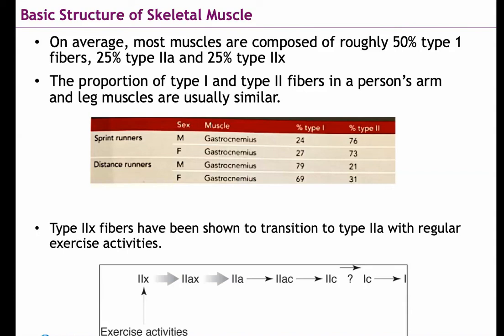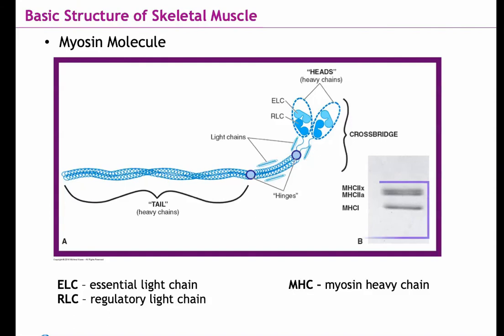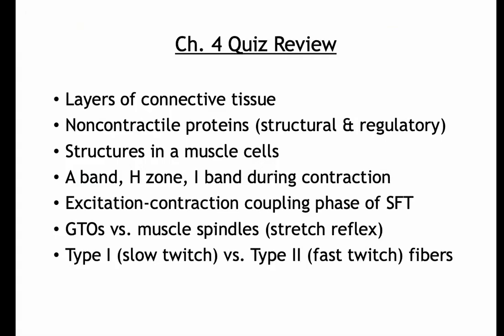Well, not exactly. You just lose your ability to continue that force production, the prolonged force production or prolonged speed. So we see a transition back to this fiber here. The type 2A fiber is very beneficial because it's active and it produces lots of force really quick, but doesn't fatigue as quickly.